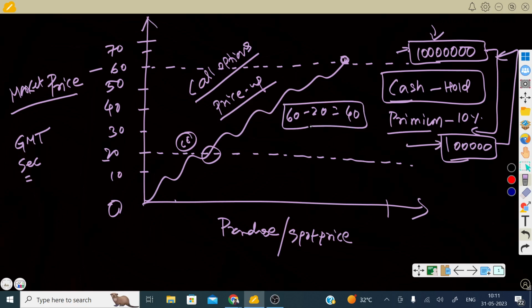Let's say in one lot there are 100 units, right? In one lot there are 100 units. 100 into 40, it goes around 4,000. So profit would be 4,000.